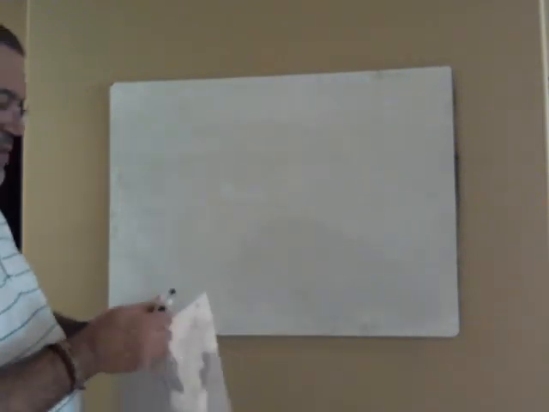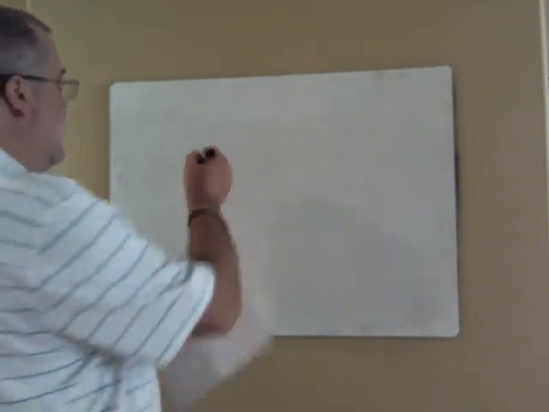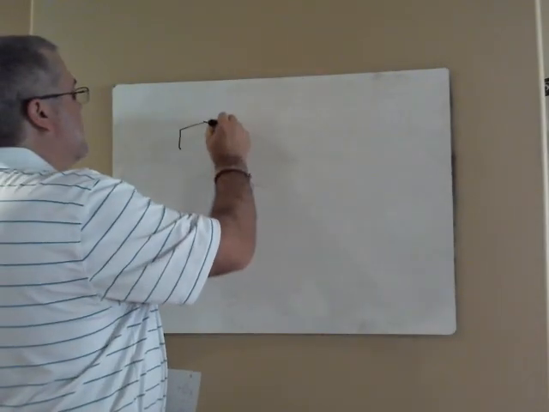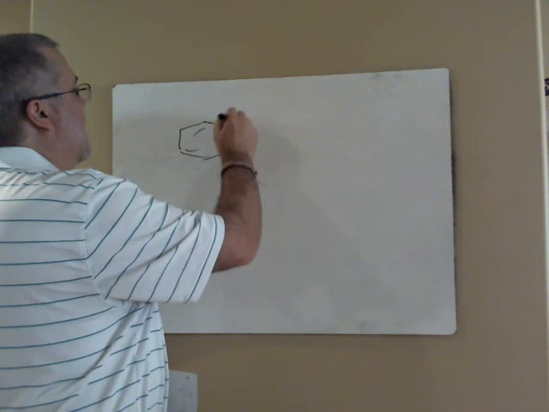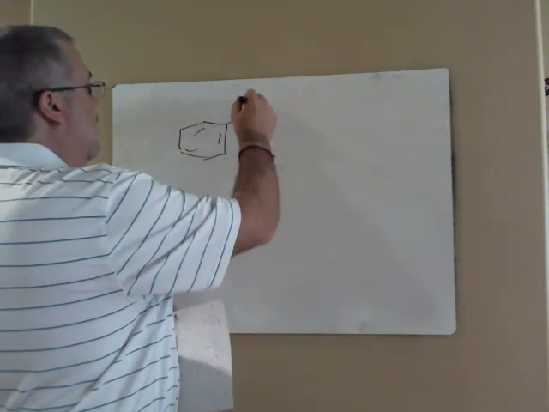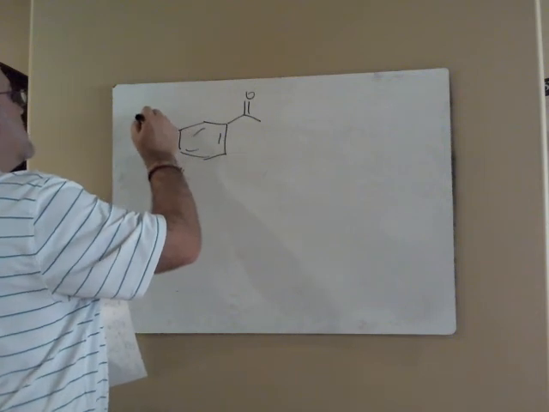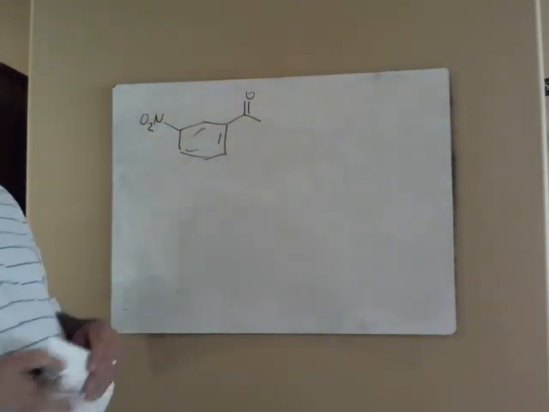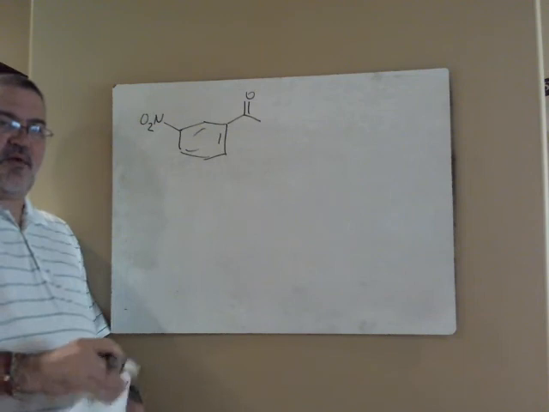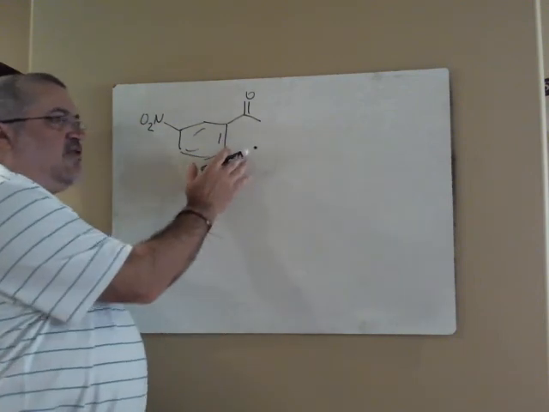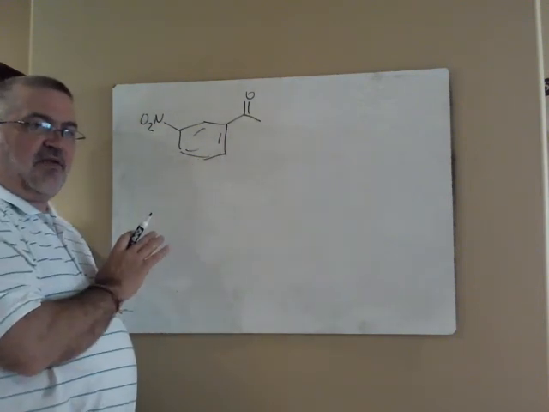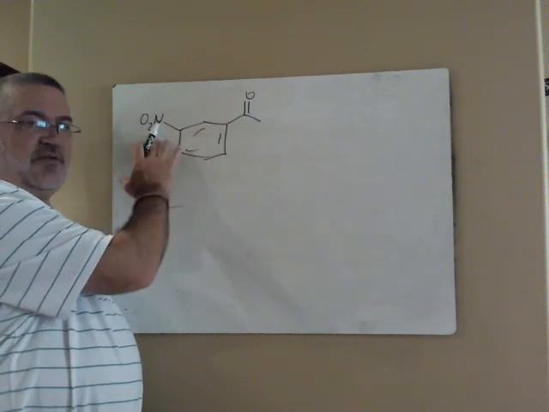All right, now there is one thing I want to conclude with, and that is this kind of topic we ran into on reductions. We had this compound at one point, and we talked about the fact that if I treated this with catalytic hydrogenation, it reduced both these groups.